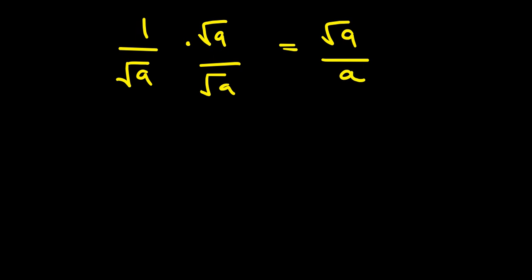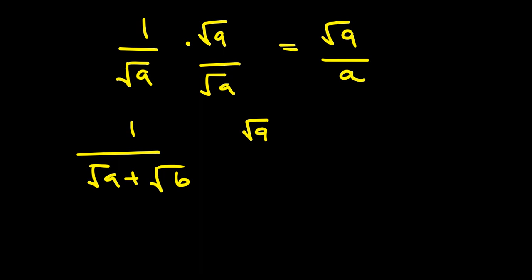Secondly, when you have 1 over root of a plus root of b, you multiply by the conjugate of the denominator. The conjugate of the denominator is where the sign in between changes, so it is root of a minus root of b.